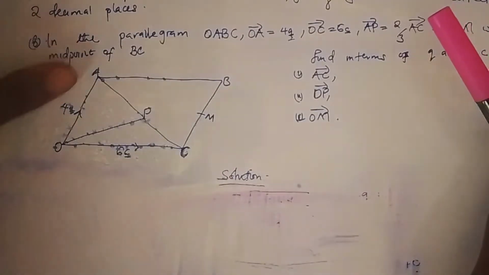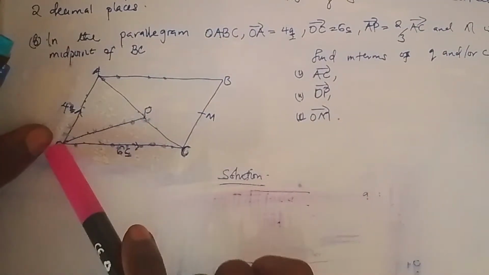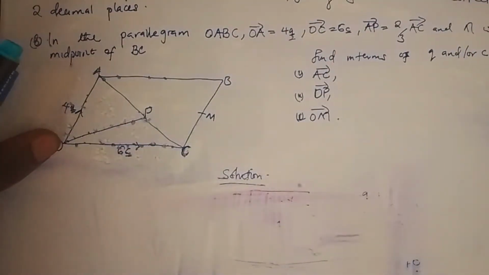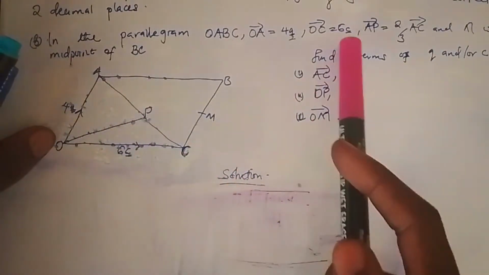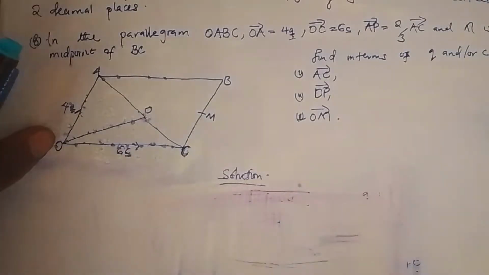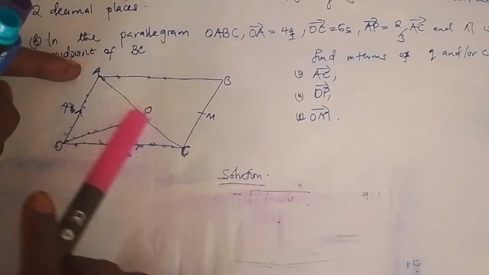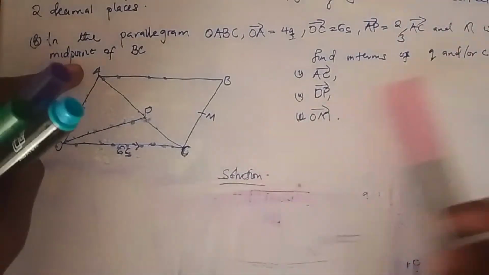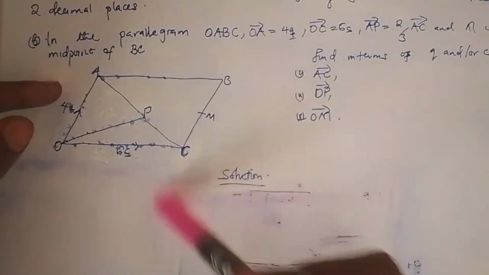So they are saying that the distance from O to A is what? 4A. Then the vector OC, or the distance from O to C, is what? 6C. Then we have vector AP. So the distance from A to P is just what? The 2/3 of AC. And M is the midpoint of BC.